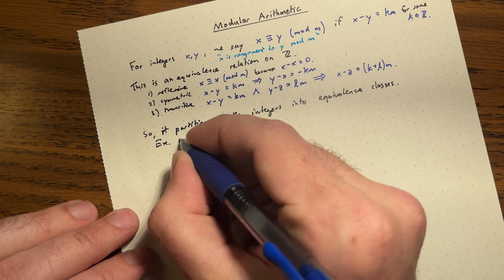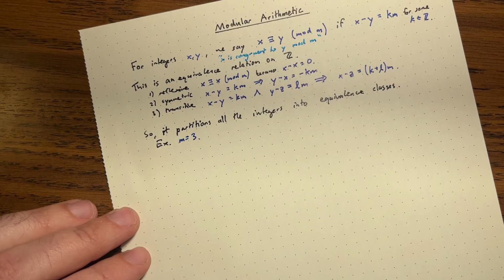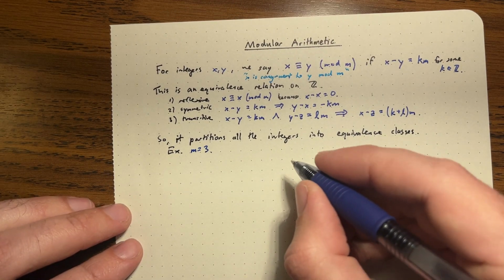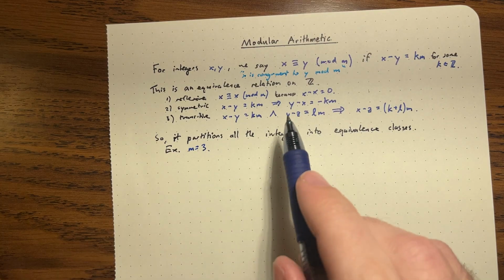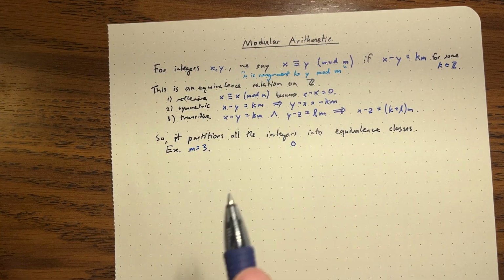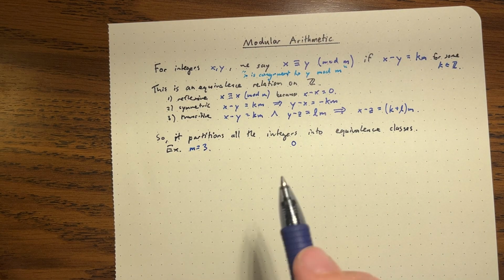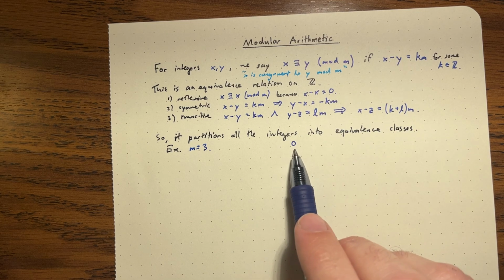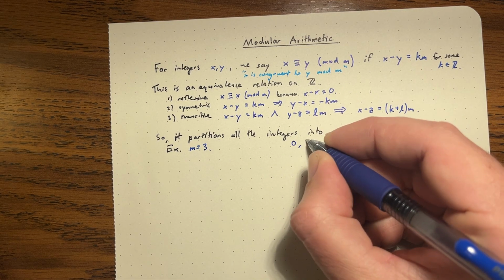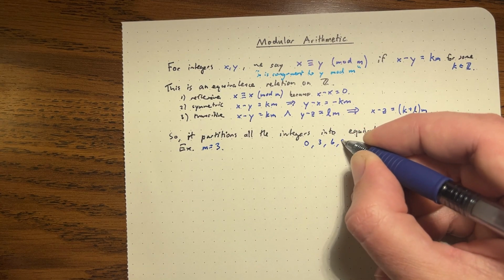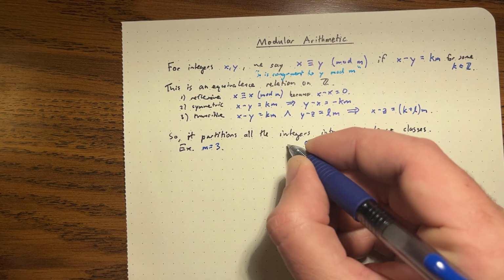So for example, let's just fix m to be a number to make this easier. Let's say m is 3. Then we have an equivalence class. Let's look at the one containing 0. What numbers are congruent to 0 modulo 3? What numbers differ from 0 by a multiple of 3? Well, just the multiples of 3 themselves. So 0, 3, 6. I'm just writing out various numbers in this equivalence class.